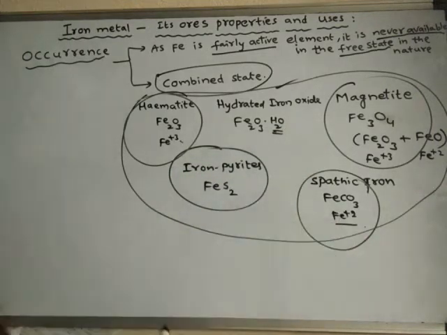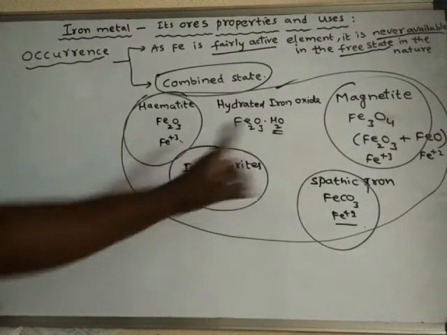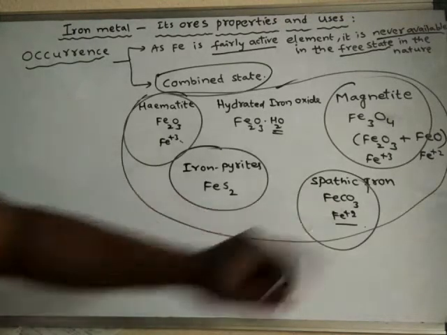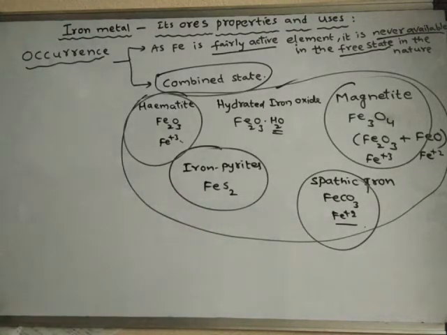Generally, metal carbonates are converted into metal oxides by the process of calcination. Upon strongly heating the metal carbonate below its melting point in the absence of air, the metal carbonate converts into metal oxide.